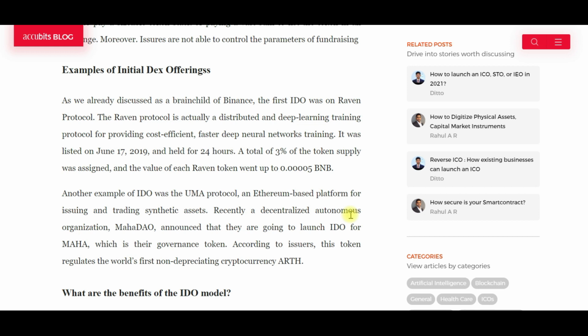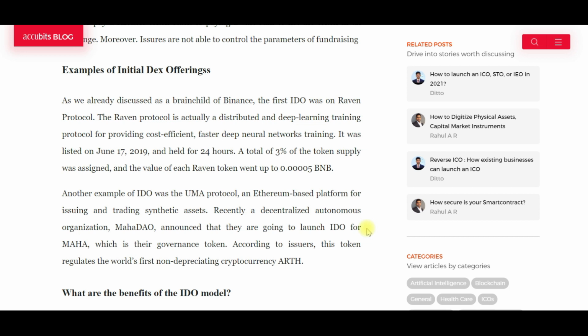Examples of such launchpads are Polka Starter, Trust Swap, Pools.finance, DocDAO, and there are so many of them coming up that are actually nice. So basically what you should take away from this is that ICOs, IEOs, and currently IDOs are a way to raise funds for projects, right? They are models of fundraising.